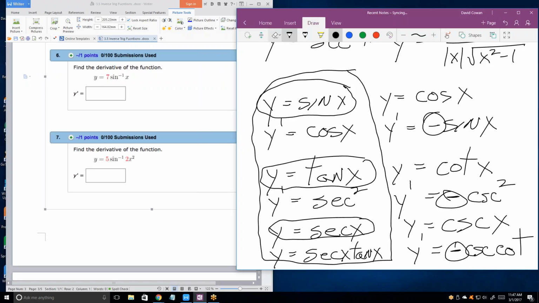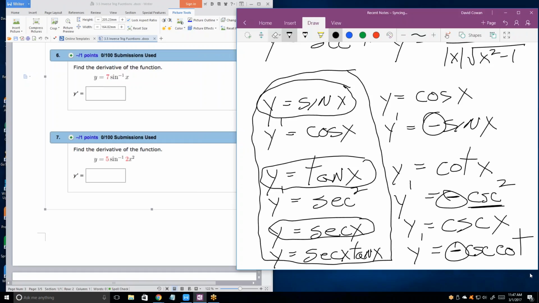And the trig function is the cofunction of this. In other words, sine x is the cofunction of cosine x. So when I'm taking the derivative of tangent, I know that that's secant squared, so the derivative of cotangent has to be negative, and that has to be the cofunction of secant squared.